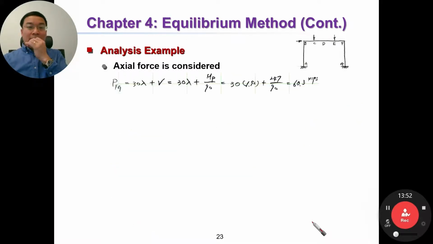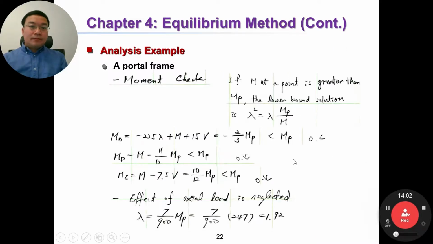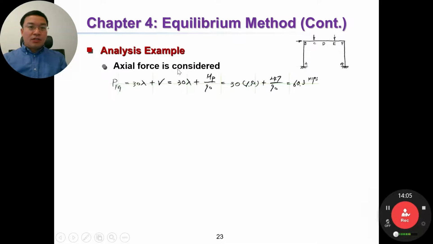Now the axial force is considered. In this case, the axial force is considered. Now we can consider this member FG, because we know that this member is under the biggest axial force, compressive axial force.